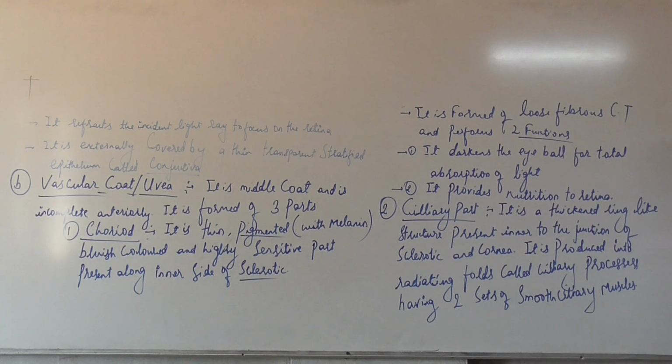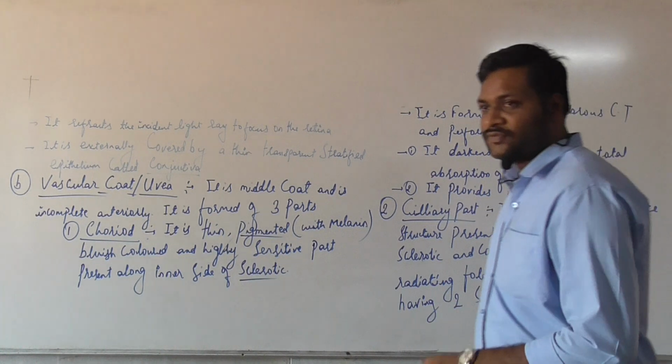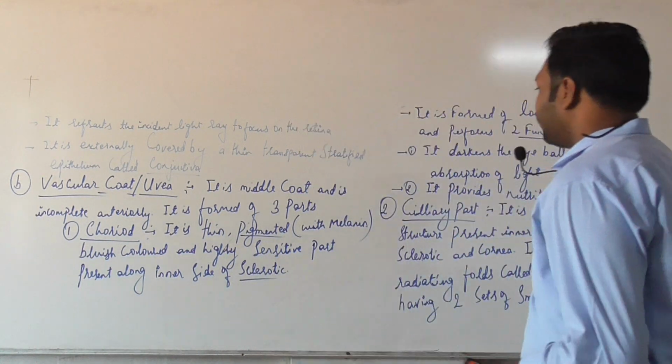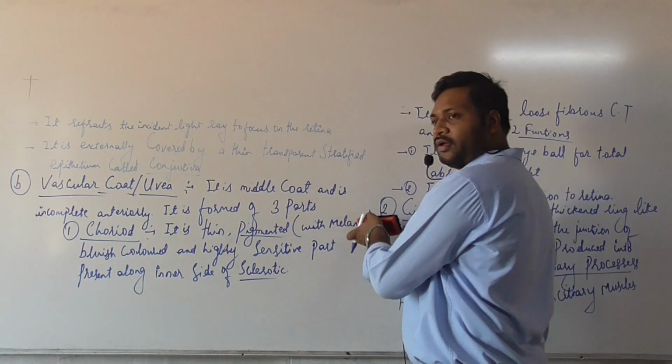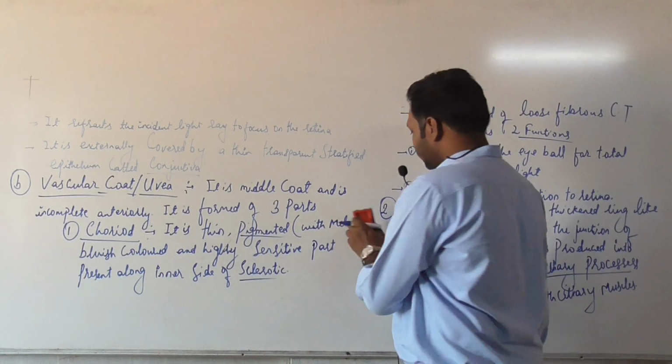So this is about the ciliary part. It is present in the junction of the sclerotic as well as the cornea, produced into the radiating folds, that is called the ciliary processes, and having two sets of ciliary muscles. So we'll continue here. Is it done? This part is done? Fine.